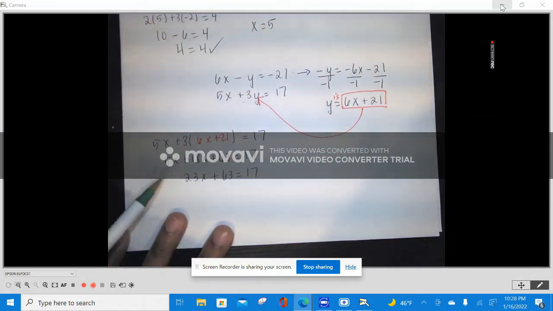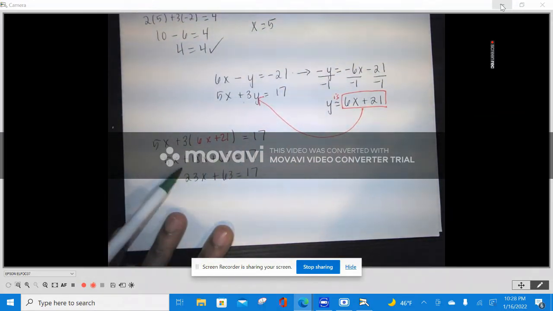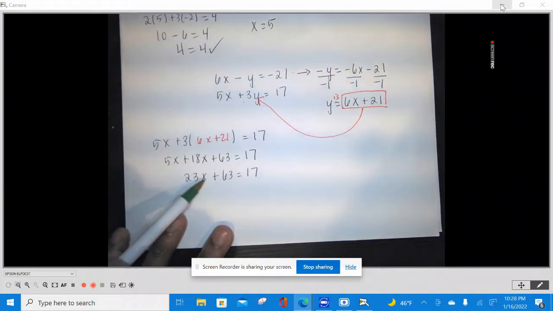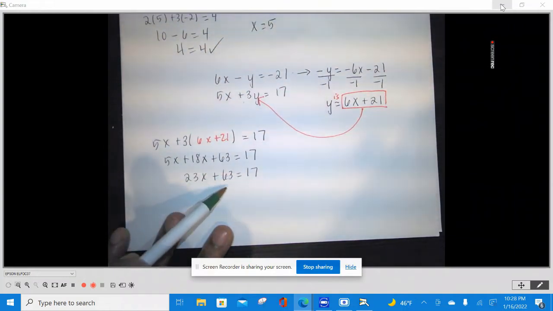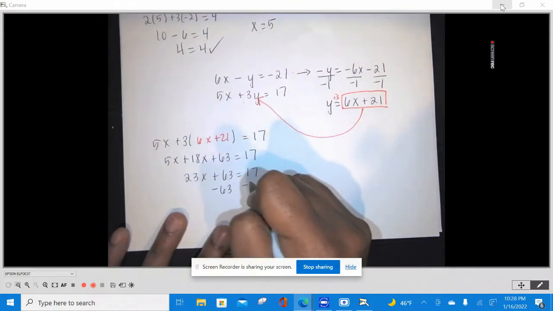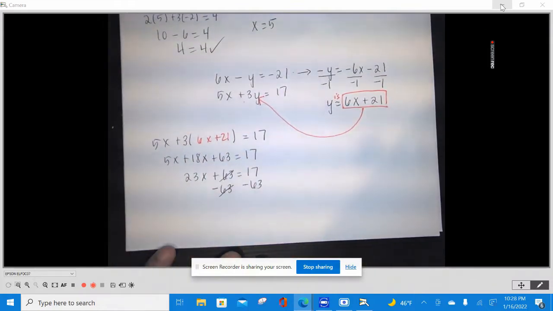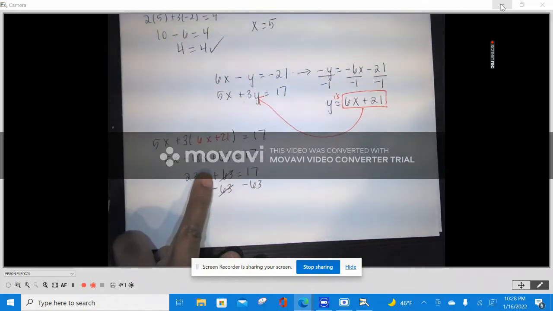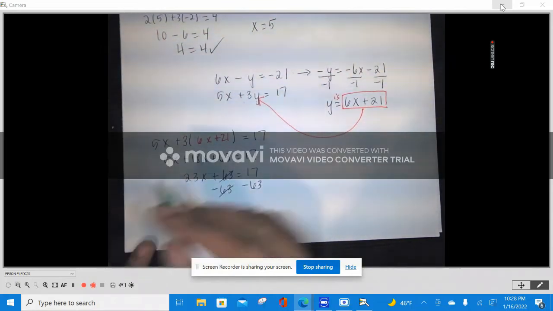And remember I said letters left, numbers to the right. So we're going to leave our letter, the variable, here on the left of the equal sign. I'm going to move this 63 to the right, but you have to change the sign and do inverse operation, because you don't want that guy living there anymore. You change the address, change the sign.